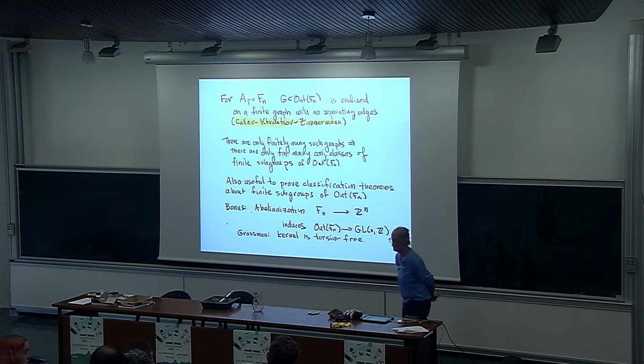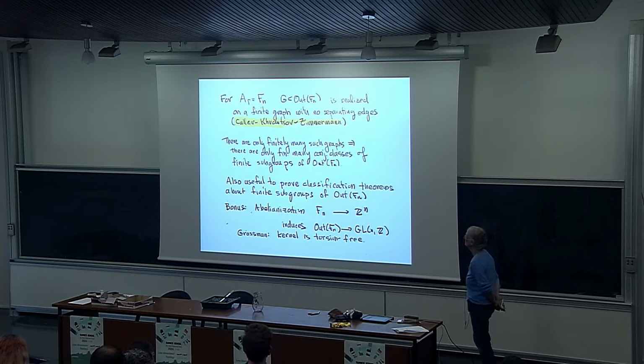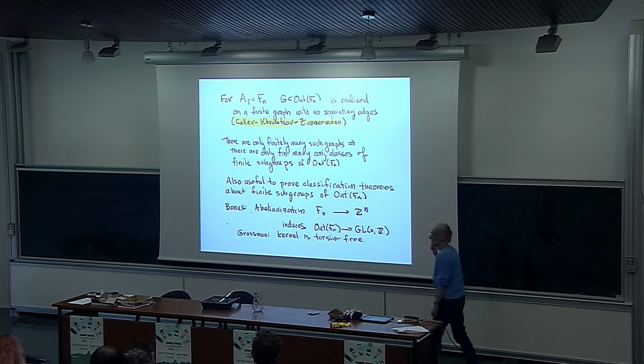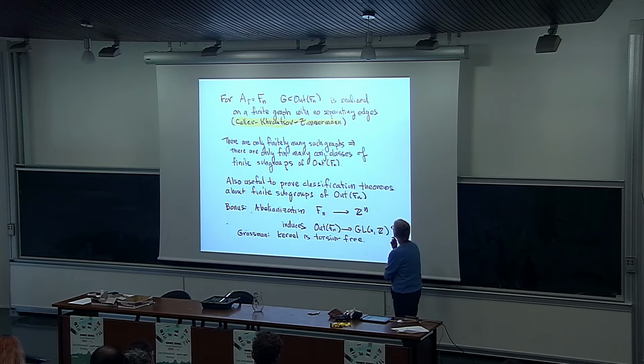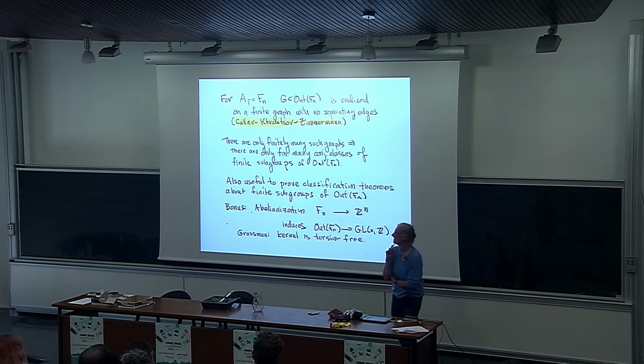And actually, the fact that you can realize subgroups by thinking of them as automorphisms of graphs is useful in lots of other ways. You can prove classification theorems about finite subgroups. For instance, you can figure out what all the finite p-subgroups are in Out(Fn). You can figure out the maximum order of a finite subgroup by using the fact that any finite subgroup can be realized on a graph.